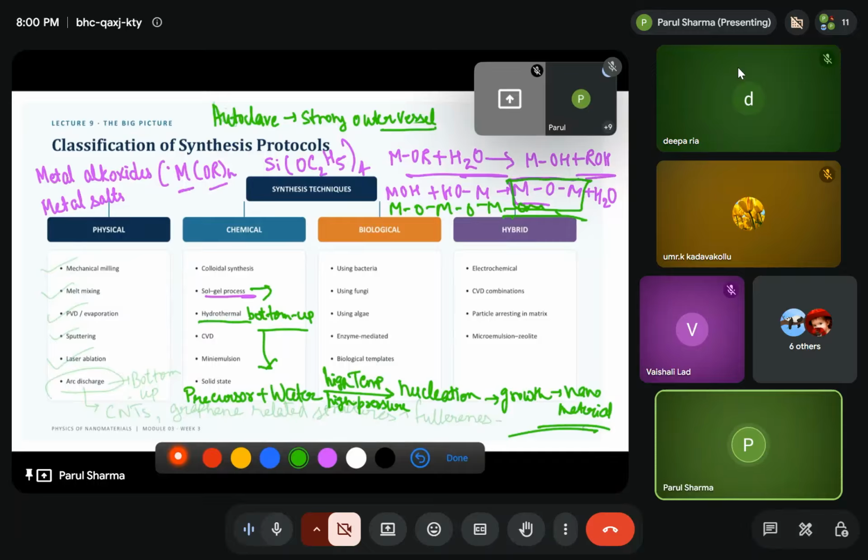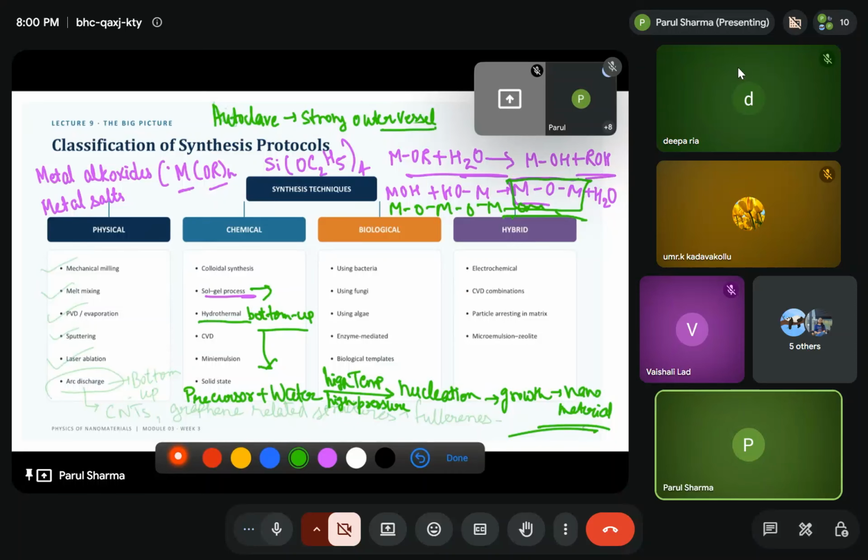If we are creating a metal oxide nanoparticle, first we have to dissolve a suitable precursor in water, like metal salt plus water. As the temperature increases, the precursor species will become more reactive and the solution will become supersaturated with respect to the desired phase. After that, nucleation will start, growth will start, and we will get the nanomaterial.